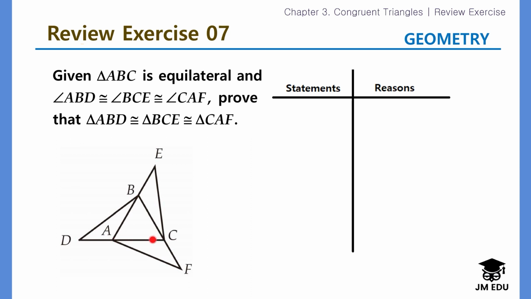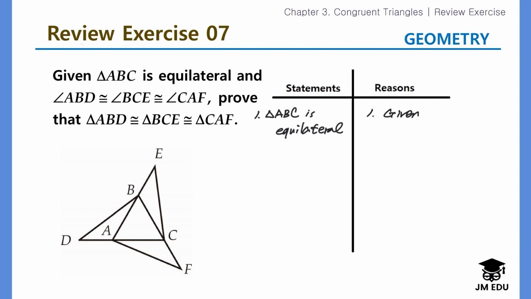And this triangle right here is equilateral, right? So let's start with the equilateral triangle. Number 1, triangle ABC is equilateral. Okay, reason is just given. Number 1 just given, right?